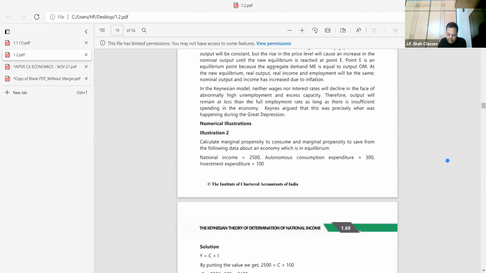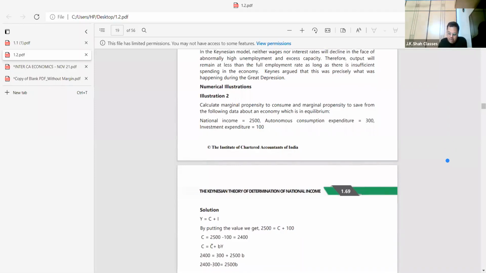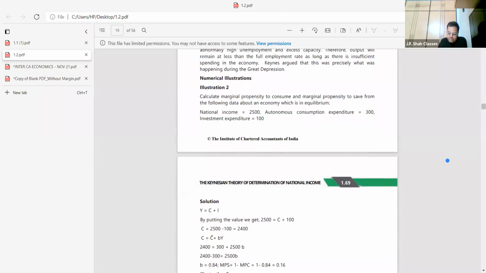So I first write Y is equal to C plus I. If I have to write, I'll write like this: 2,500 is equal to C plus 100.